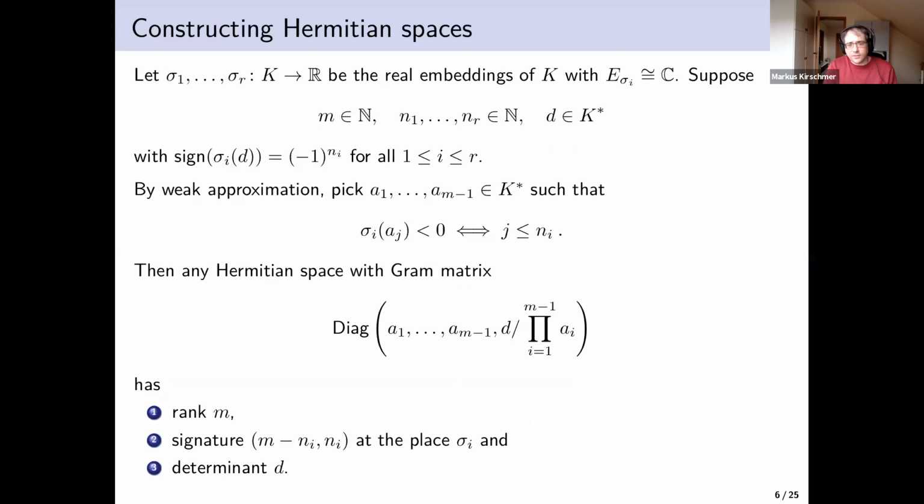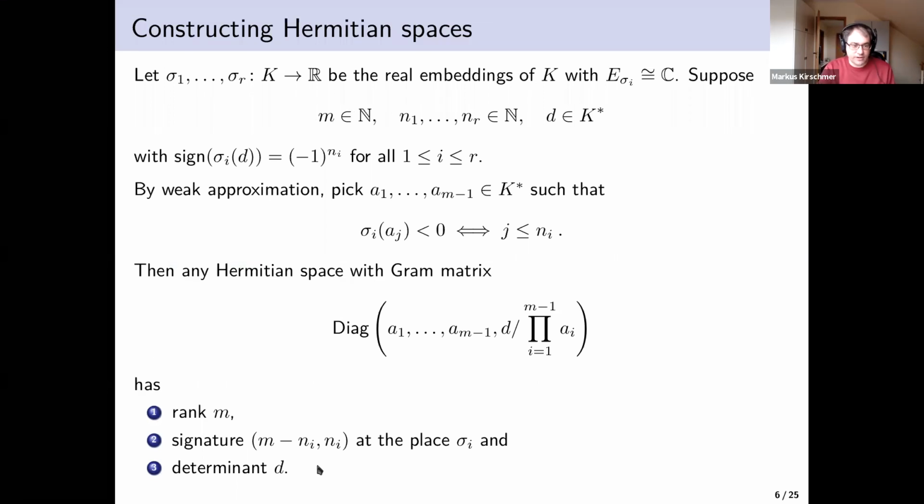Now, the first question you might ask is, if the rank, the signatures, and the determinants actually completely describe the isometry classes of such a space, okay, if I give you a set of invariants, can you come up with a space having these invariants? And this turns out to be actually quite easy.